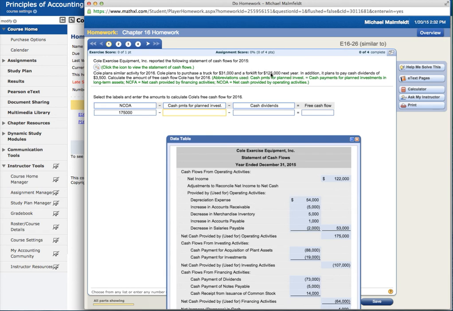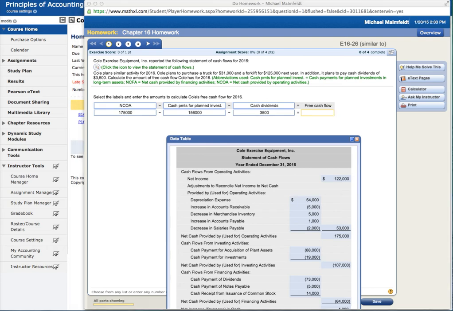So we'll add those together, $125,000 plus $31,000, and that gives us $156,000, which would be our cash payments for planned investments. And then our cash dividends that we plan to pay this upcoming year are going to be $3,500. And then we just have this relatively simple math problem to do.